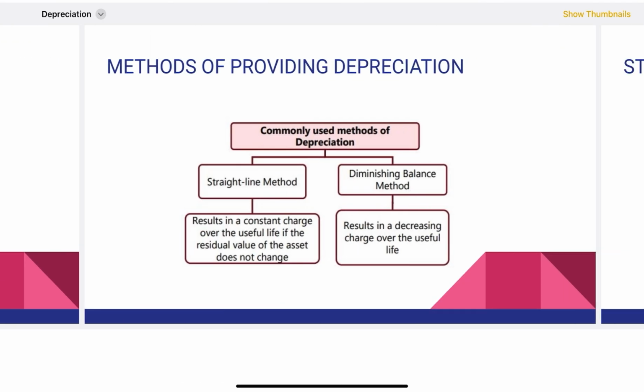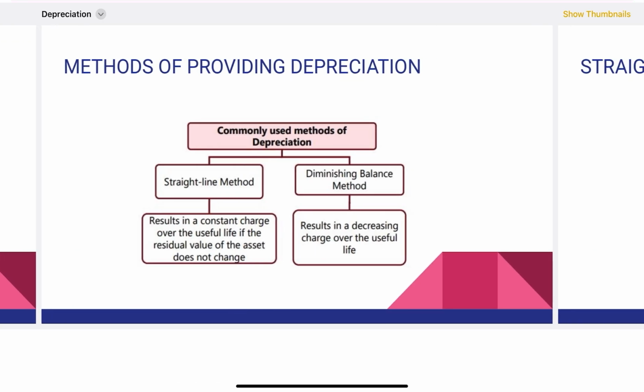There are two methods of calculating depreciation. It is the straight line method and the diminishing method. The straight line method results in a constant charge over the useful life if the residual value of the asset does not change. So charging the same amount of depreciation every year is the straight line method.